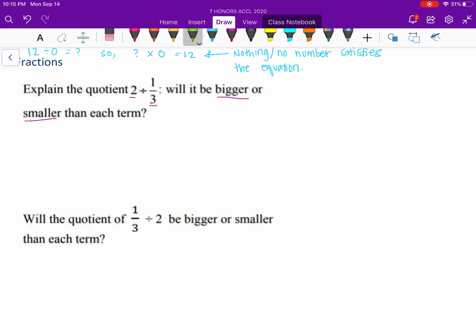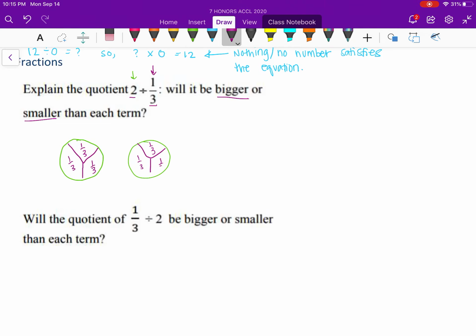Okay, well, to illustrate this, let's draw something. So we're going to have 2 as our starting. So let's draw 2 cakes. How about that? I love cakes. Sorry that my circles are awful. Okay, and we want to divide them into pieces that are 1/3 size pieces. Do you see how each of these pieces is 1/3 of our cake?